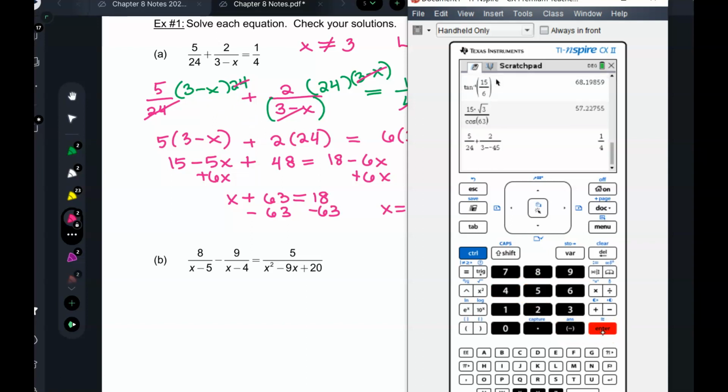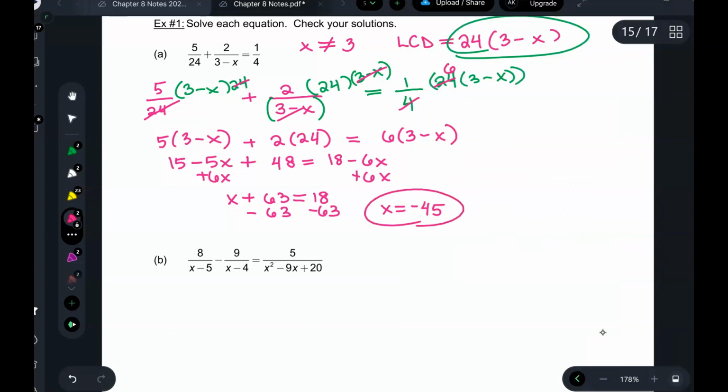Does that give us a fourth? Check. Right? So when I plugged in 5/24 plus 2 over 3 minus negative 45, I got 1/4, which checks out. So I'm going to circle that answer.